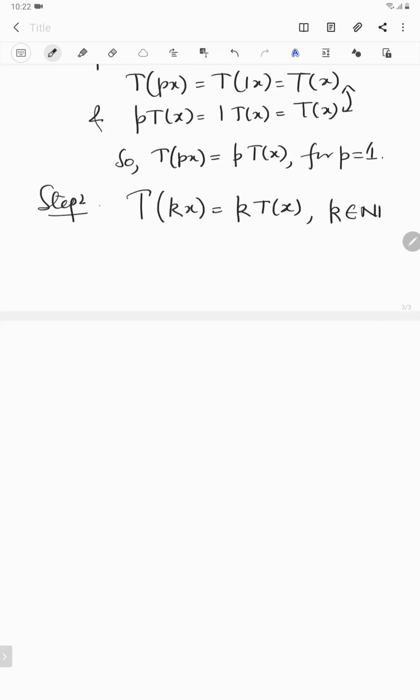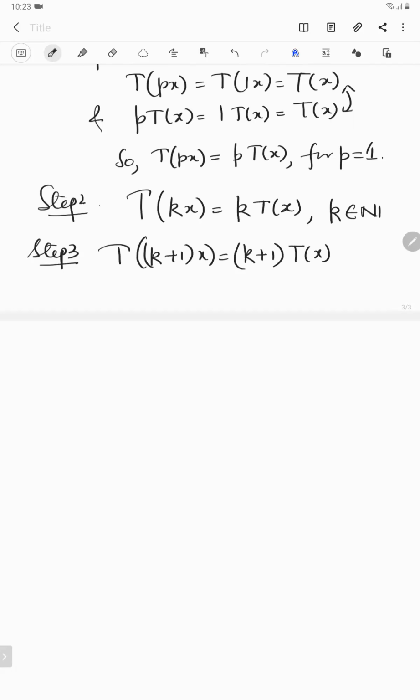And the main step to be done is step 3, where we have to show that the same result is true for the next positive integer after the one we have taken in the assumption step, that is step second. That means we have to prove that t of k plus 1 x is equal to k plus 1 tx.